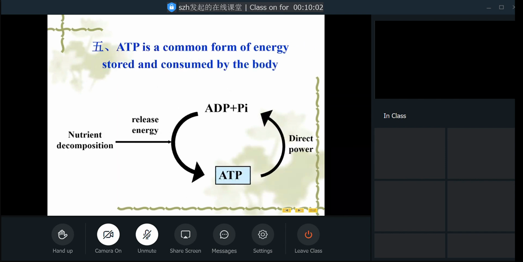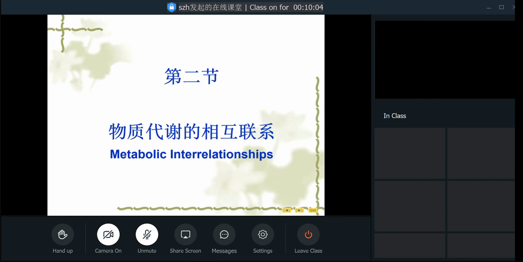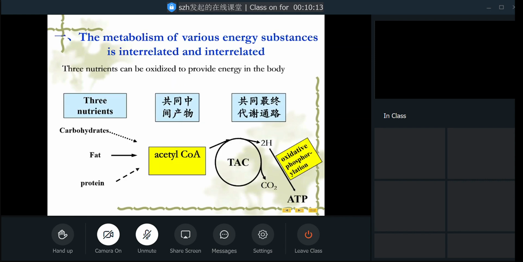Okay, in the second section, you can see the metabolic interrelationship. The metabolisms of the various energy substances are interrelated and interconnected.